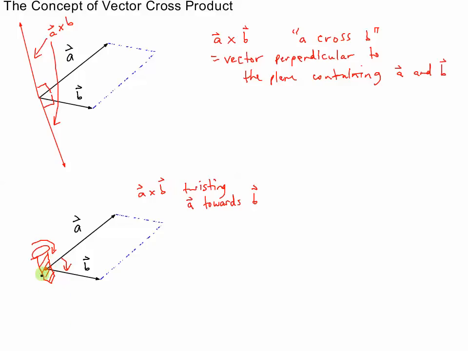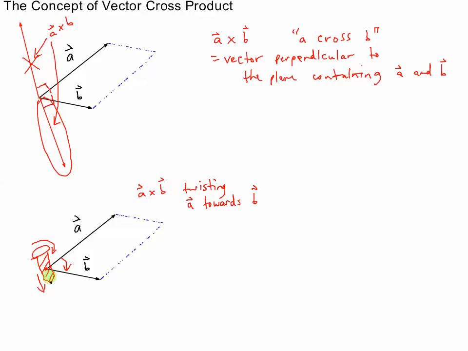And if you do that, the screw is going to twist into the board. That's how you determine which of these two vectors is A cross B. Since if you twist A into B, your screw would go into the board this direction, vector A cross B points downward. So this is vector A cross B, and this one is not.